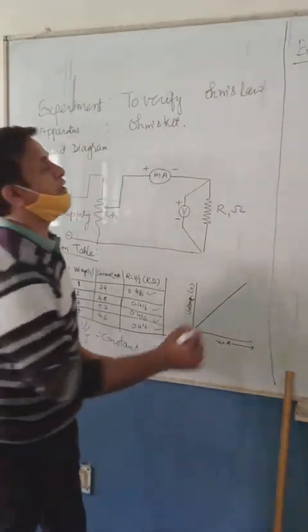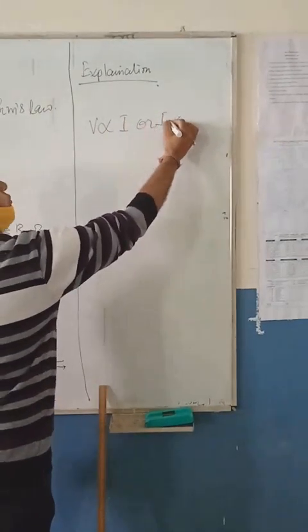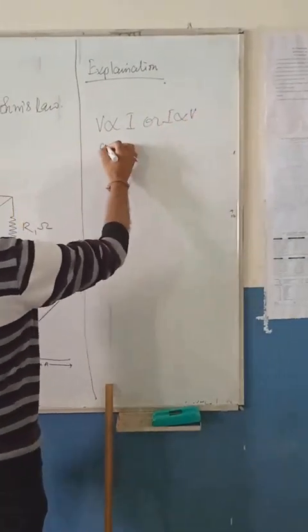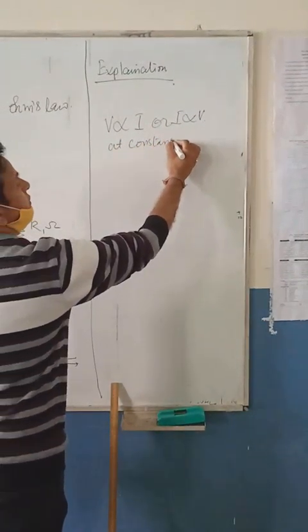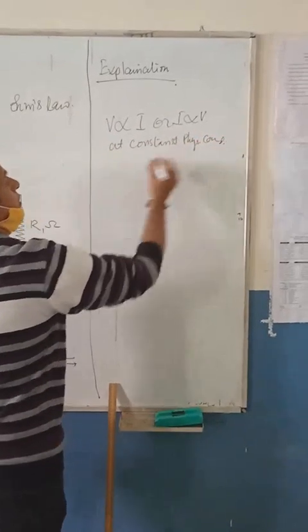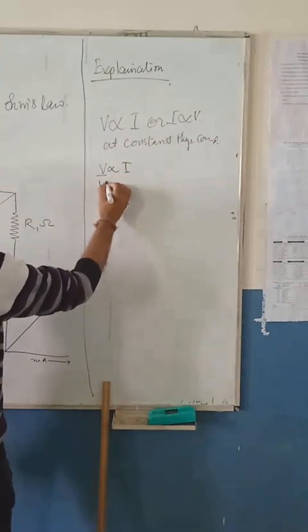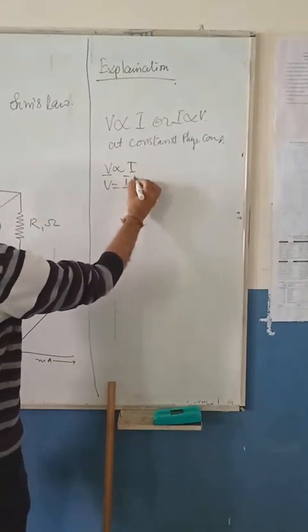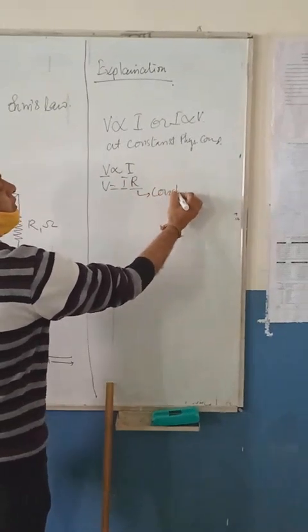Ohm's law, as per Ohm's statement, says V is directly proportional to I, or I is directly proportional to V, at constant physical conditions. That is, V is directly proportional to I, or V is equal to IR, where R is the constant of proportionality.